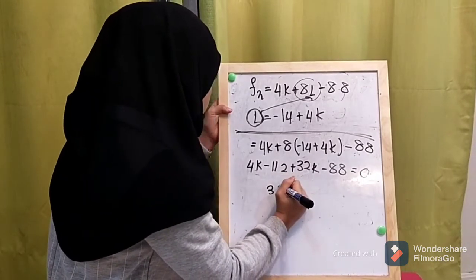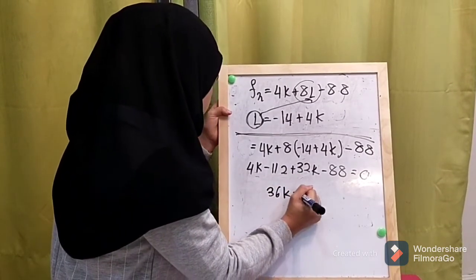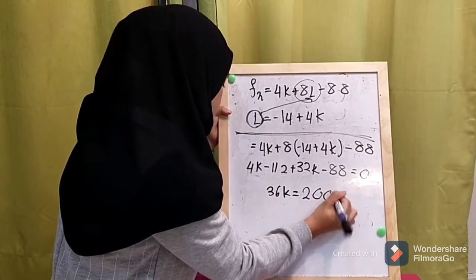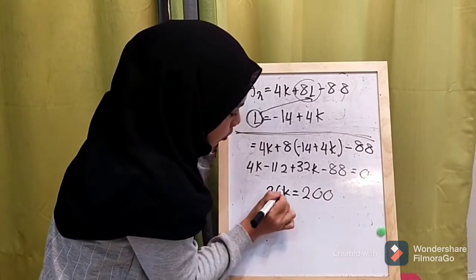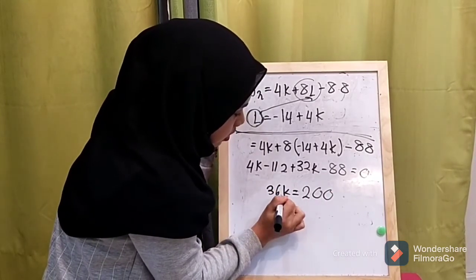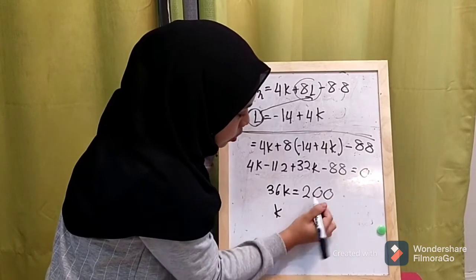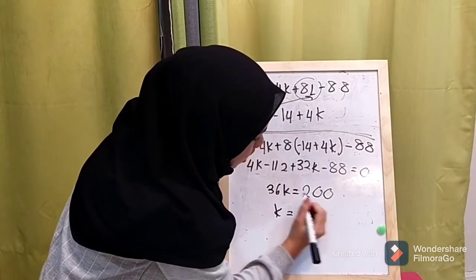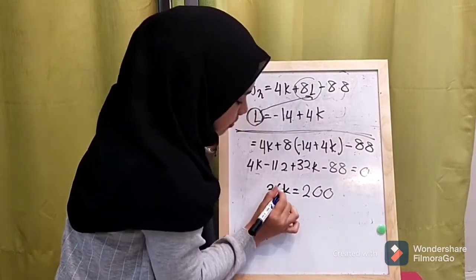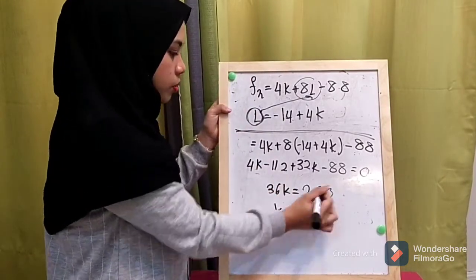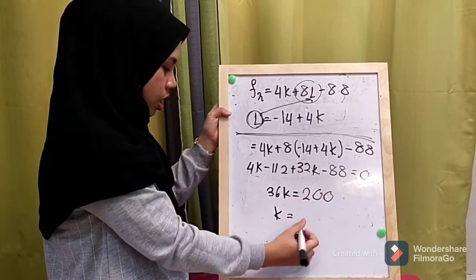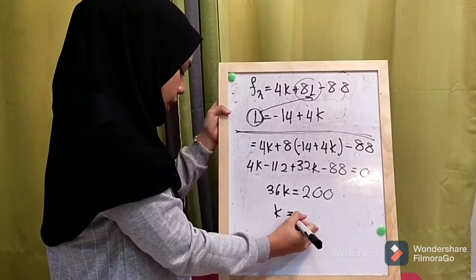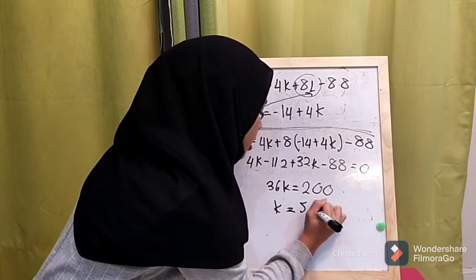It will be 36K equal to 200, and we move the 36 to divide the 200, so the 200 will be divided by 36 because we move it to the right side. The value of K we will get is 50 over 9.